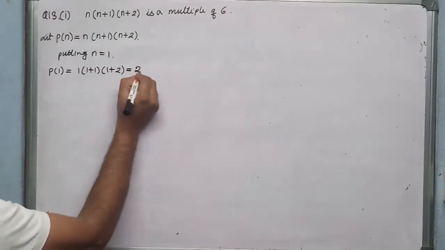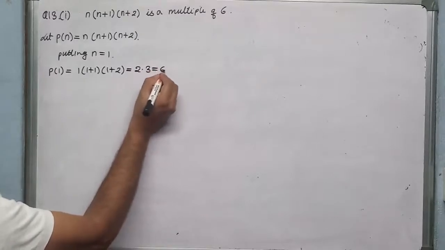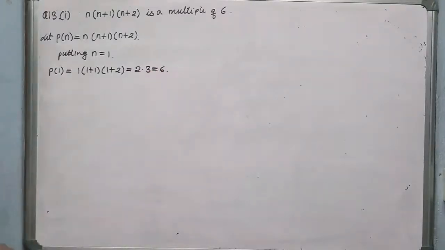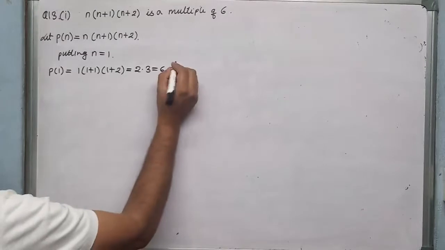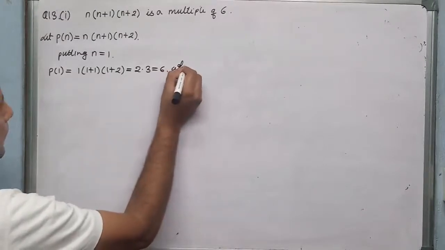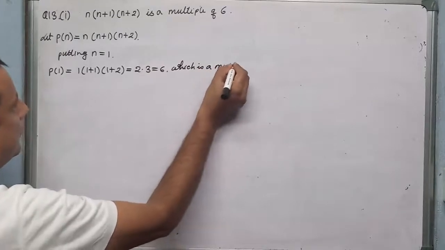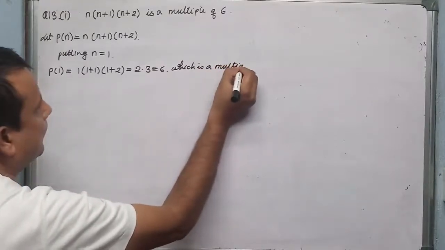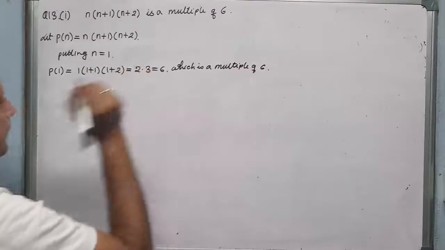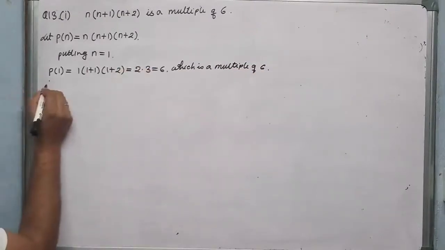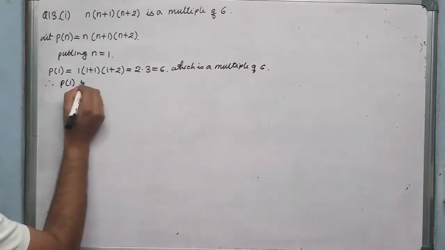This is 2 into 3. This is 6, which is a multiple of 6 itself. 6 into 1 is 6. That means P1 is true.